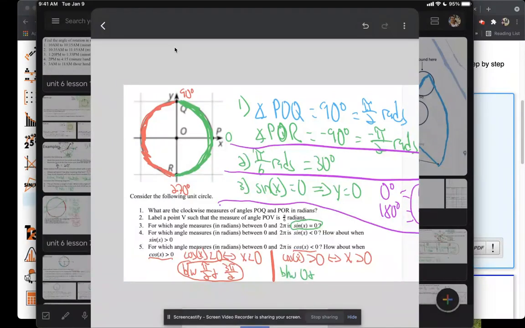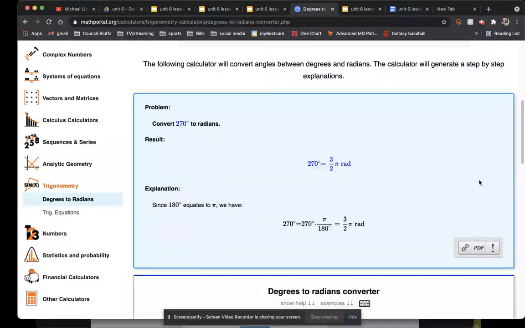Okay. So in radians, we had already discussed that 90 degrees is pi over 2. So that's this first quarter right here. And then the bottom right is going to be between 270, which we said was 3 pi over 2. Again, if you're not sure, just go here and see we have it here. 270 is 3 pi over 2.